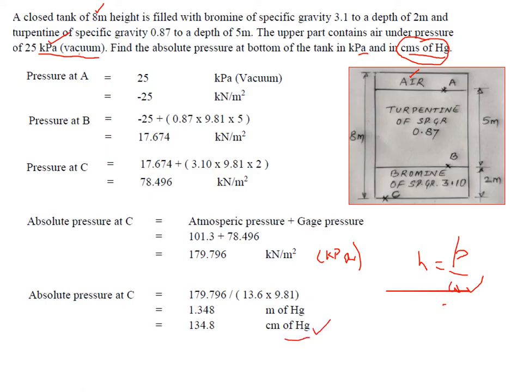Since I'm dividing by the specific weight of mercury, I get the answer as meters of mercury. Since the answer is asked in centimeters of mercury, you multiply by 100. So the absolute pressure in kilopascal is determined, and the absolute pressure at the bottom is also determined in centimeters of mercury.